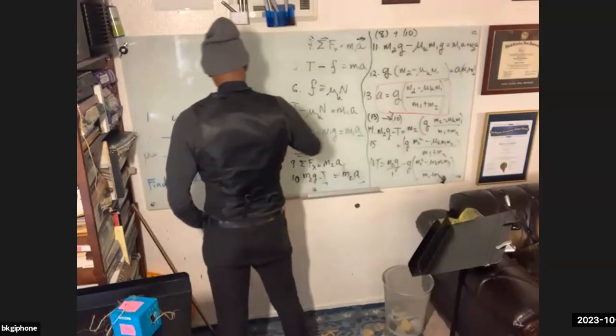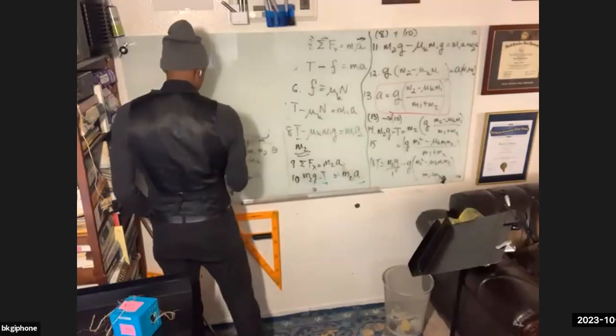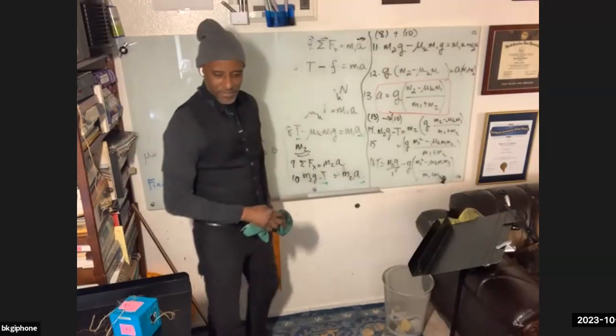Well, I got an answer. I'm not sure if it's correct though. Tell me. a is equal to g times (M2 minus mu k M1 cosine theta), all that over M1 plus M2. Why do you think that's not right?